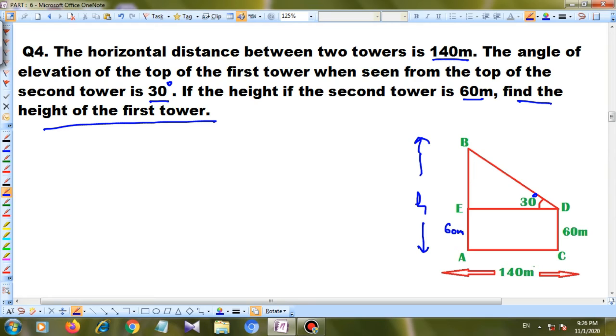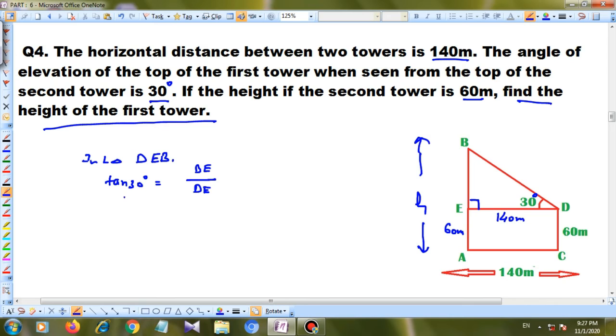So there are two right angle triangles. This is 140 meter. So this is a right angle triangle. So in right angle triangle DEB, here tan 30 equals BE upon DE, right?